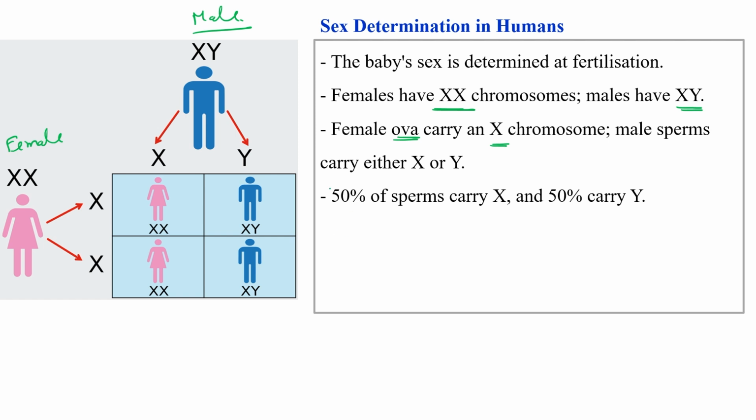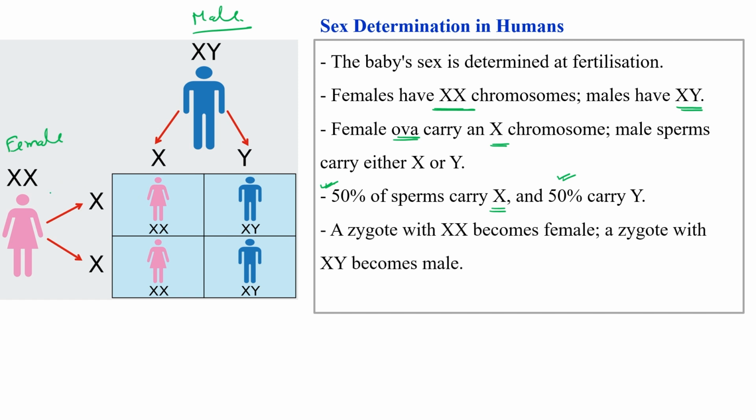So there is a 50% chance of a sperm carrying X and 50% carrying Y. If we cross both, the female has only X, so XX, and the male has two types, either X or Y. If X combines with this X, we get XX; if Y combines with X, we get XY.